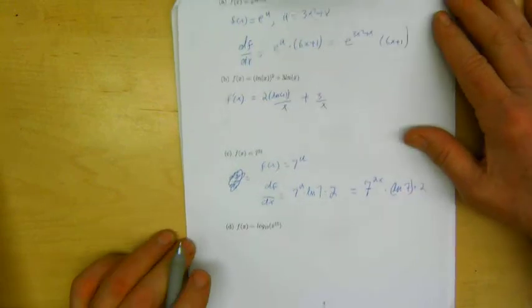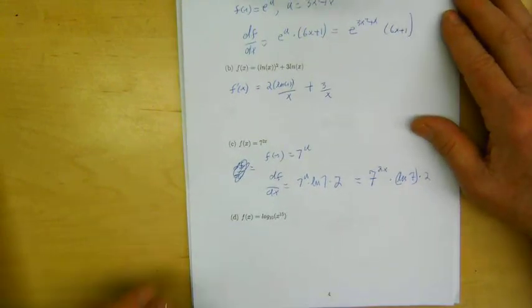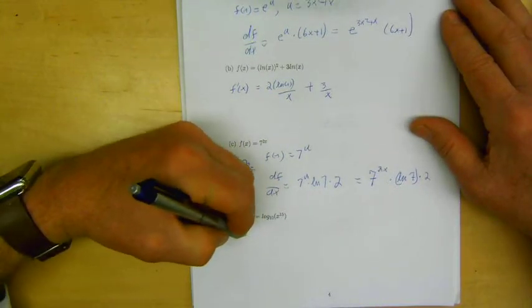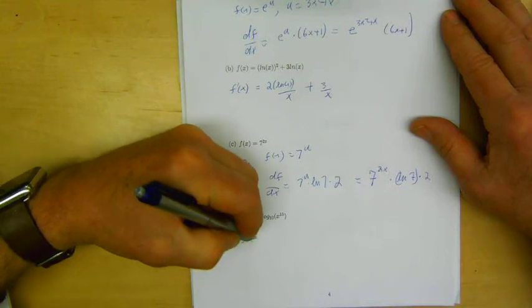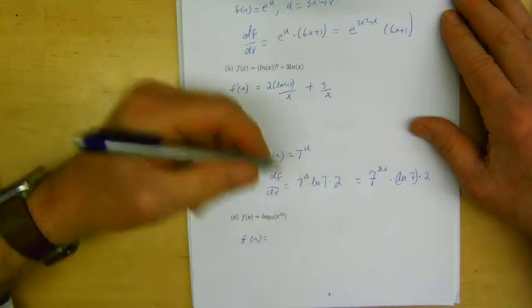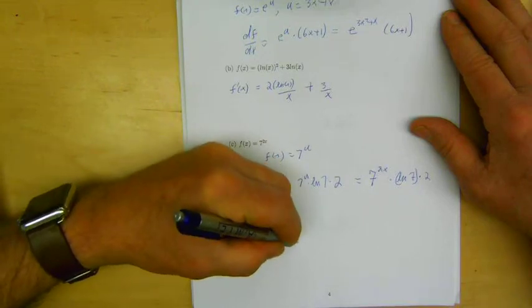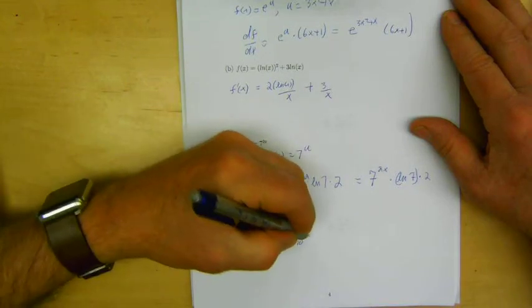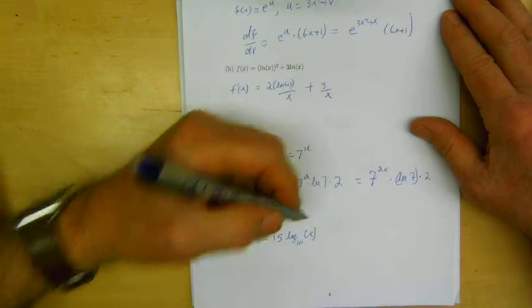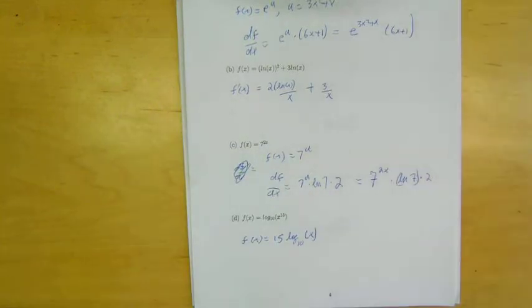Okay, bottom one, same deal, right? But the way I did it, f of x equals 15 log base 10 of x, right? And then now we take the derivative of that.